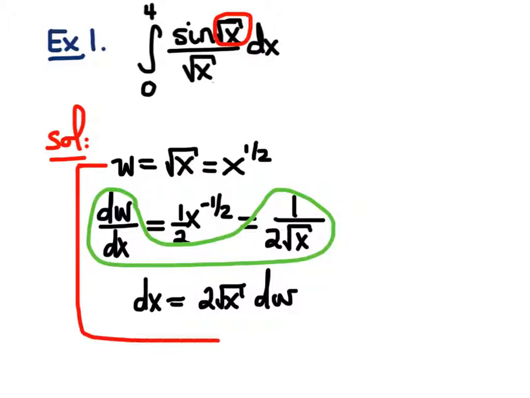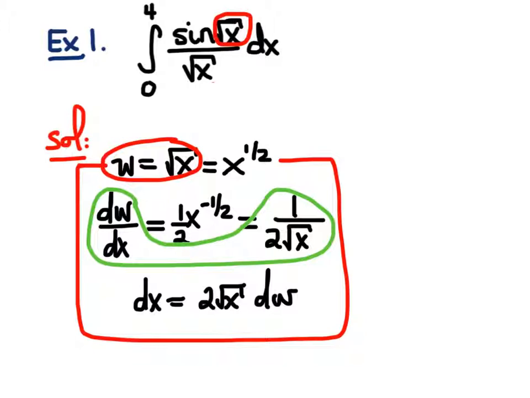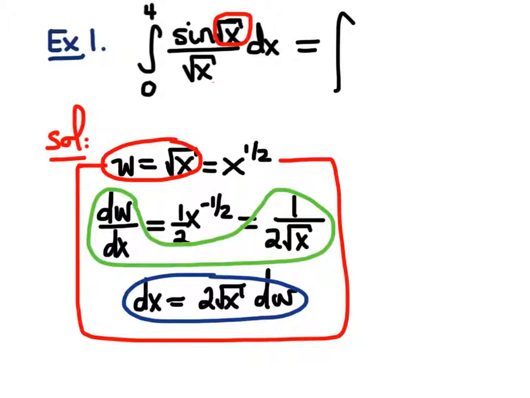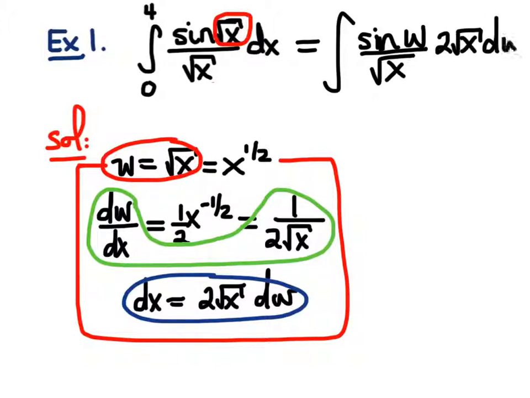So in this box here is all the work that we needed for our substitution, and the important pieces are that w is root x and dx, let me get my blue here, dx is 2 root x dw. So we make those substitutions up above here, so we end up with sine of w divided by root x times 2 root x dw.